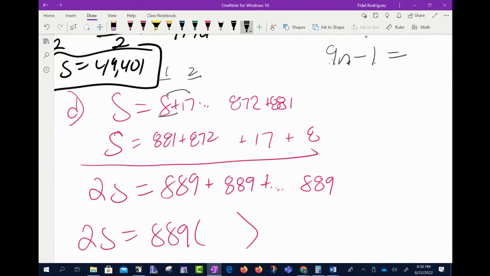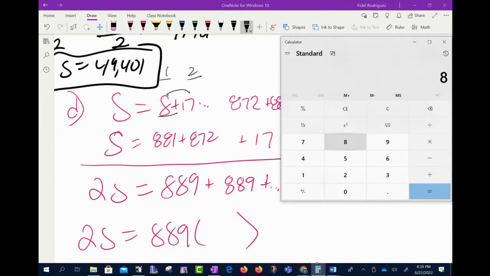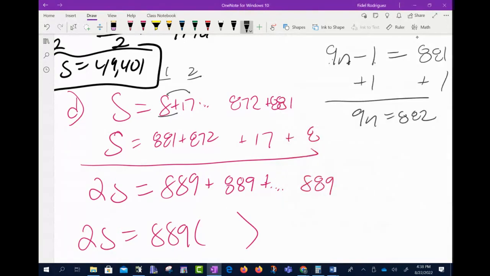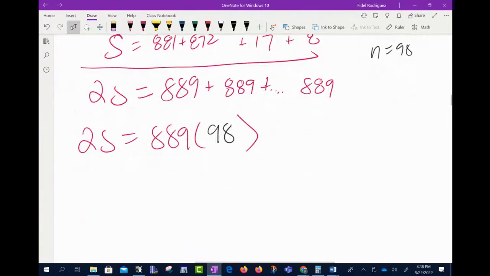So 9n minus 1 is equal to 881. So if I add 1 to both sides, I get 9n equals 882. 882 divided by 9. There are 98 terms. Okay, so we're doing that 98 times.